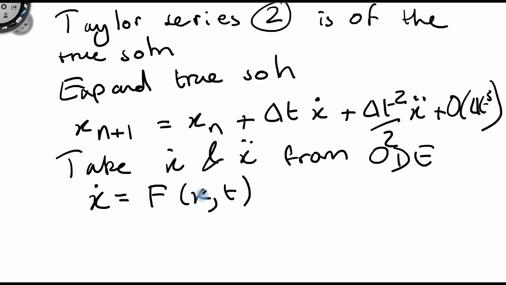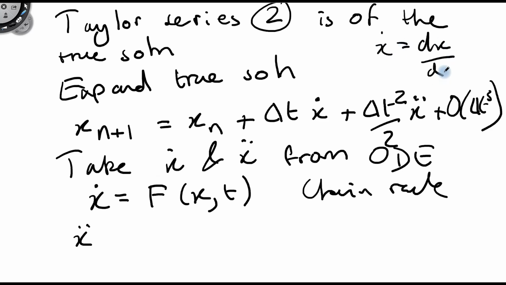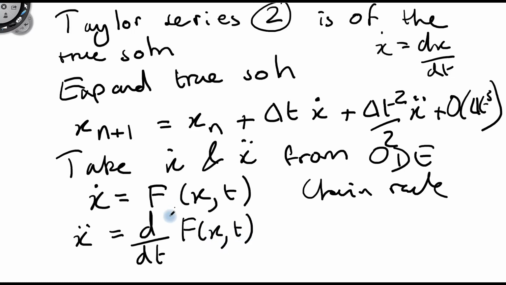And then again use your chain rule, partial derivatives. So the chain rule to get x double dot, that's a second derivative. Remember, x dot is simply dx by dt, right? x double dot is the second derivative, is d by dt, big D by dt of f of x comma t.